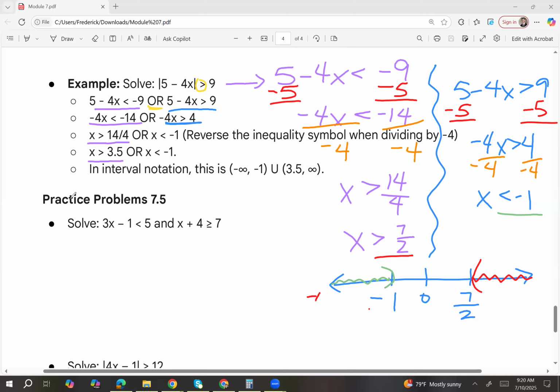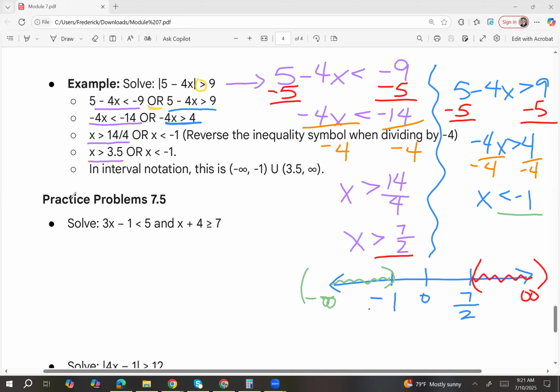And the other side is trailing up to +infinity. And remember, on our infinity bounds, we're always going to have a paren on that side and a paren on this side.